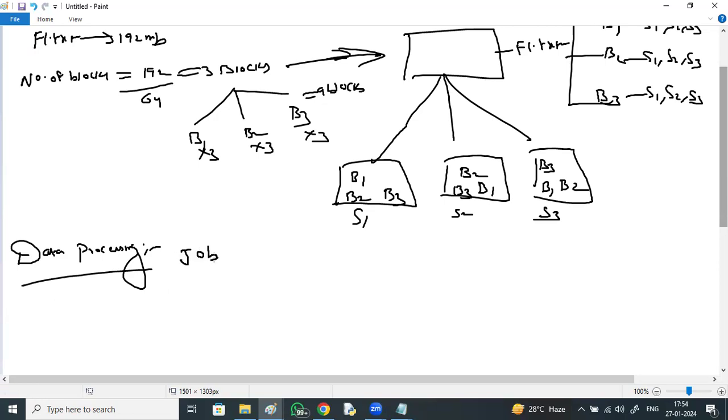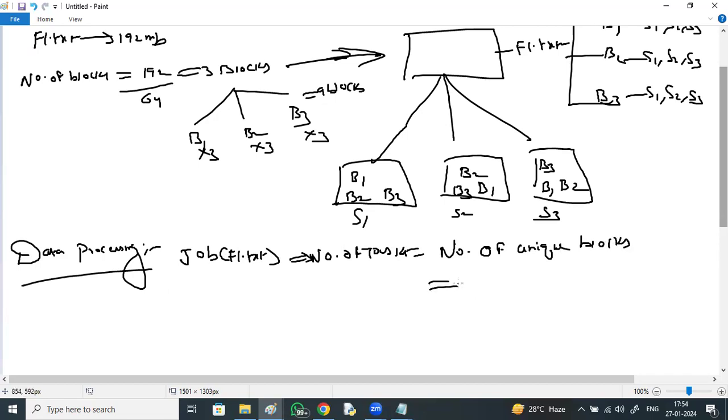A job to process F1.txt is divided into tasks. In Hadoop, the number of tasks always depends on the number of unique blocks. Now try to understand the unique blocks here. How many unique blocks are there? 3. Unique blocks are 3 only, not 9. All the remaining are duplicated blocks.